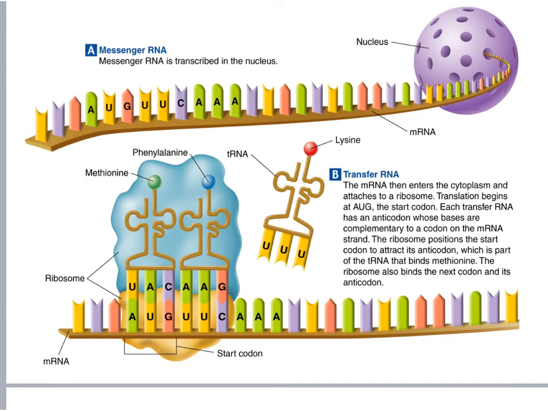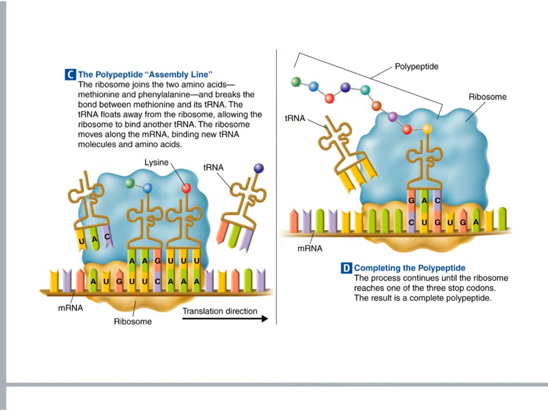So what will happen is that a transfer RNA molecule with an amino acid attached will keep coming here till it reaches the stop codon. It's going to drop off its amino acid. Peptide bonds are going to form. And ultimately what you'll have in the end is a chain of protein. Okay? And this chain of protein could be anything. It could be eye color, height, hair color, whatever it is.